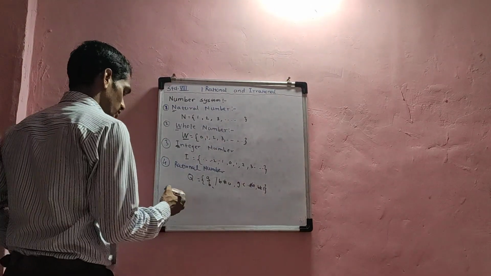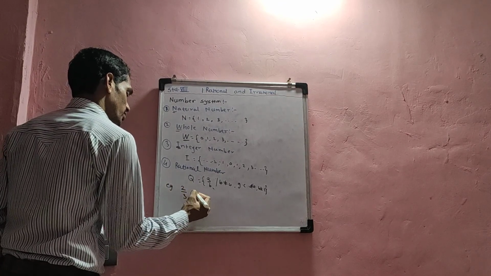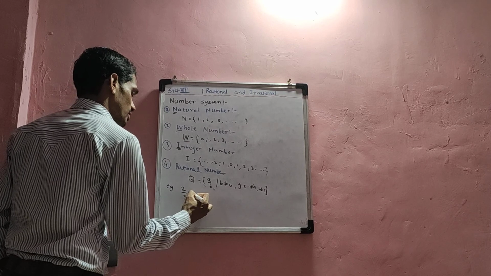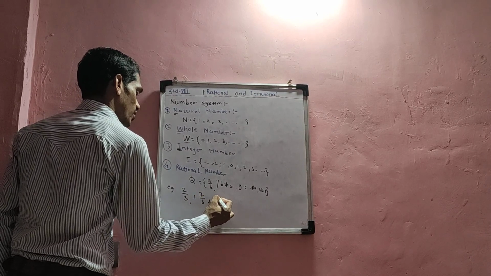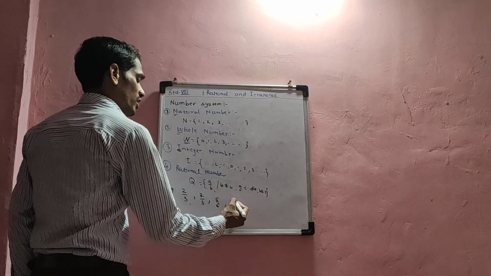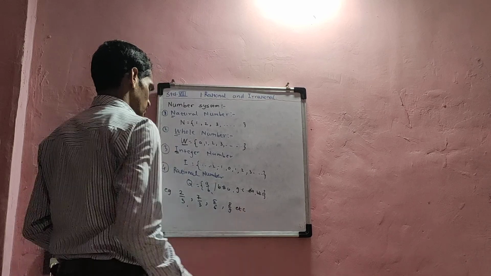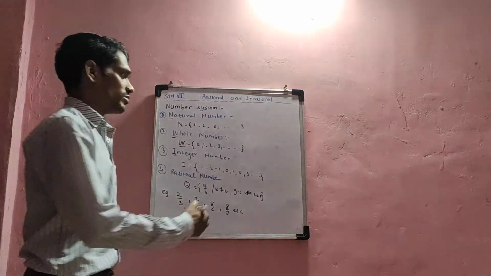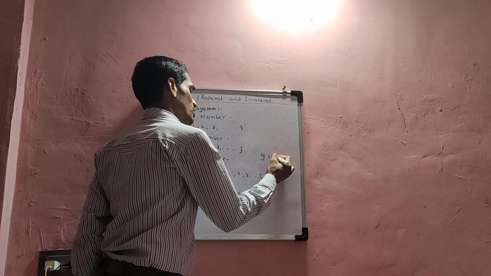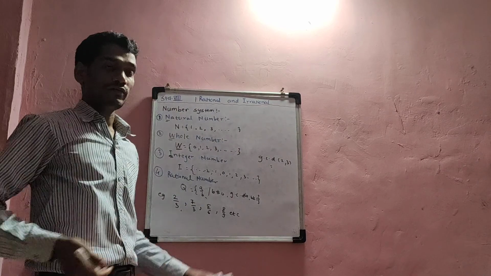Say for example 2 by 3, 7 by 3, 5 by 6, 8 by 9, etc. If I check the GCD of 2 by 3, it should be 1.